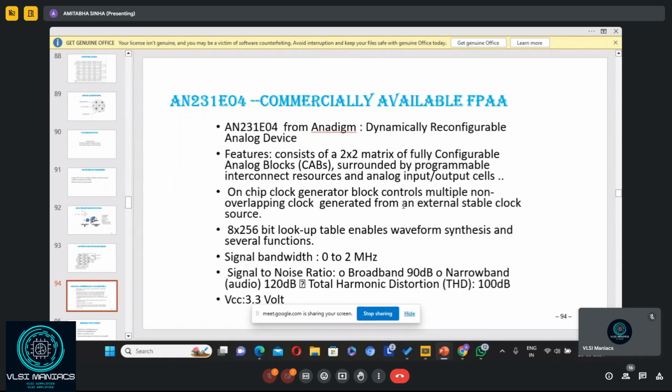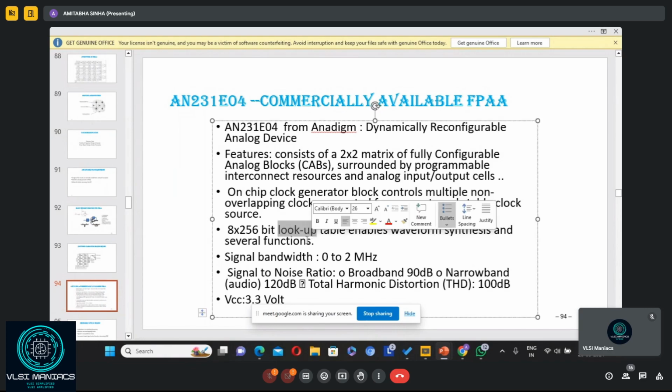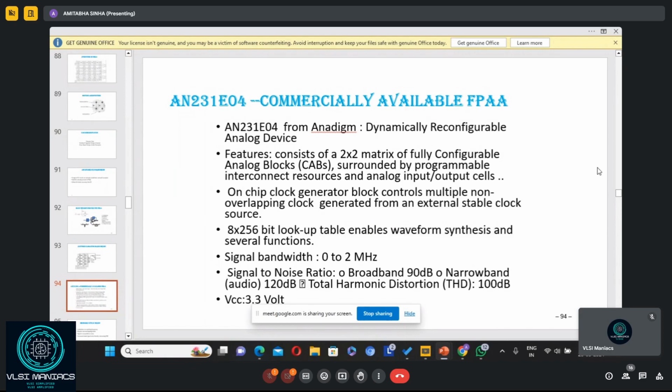The on-chip clock generator is there. Then a lookup table is there, which enables waveform synthesis and several functions. Waveforms can also be synthesized. In the lookup table, the sine functions can also be stored.